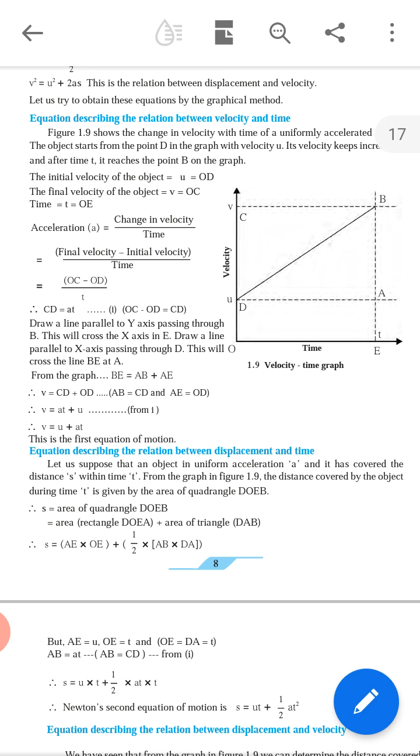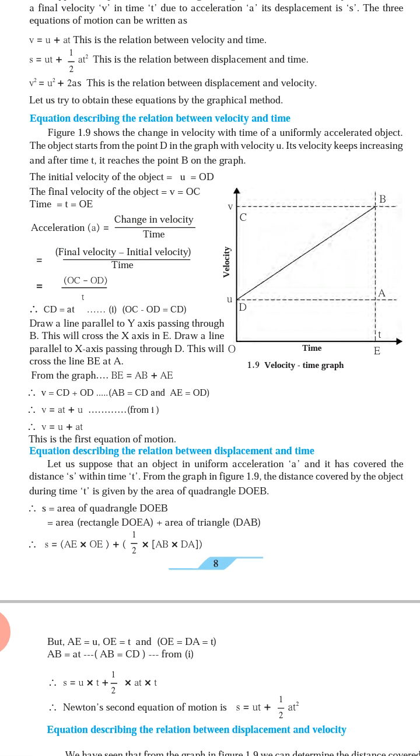Now replace the values. AE is equal to u, because AE is equal to DO and DO is u. OE and DA are both equal to t.